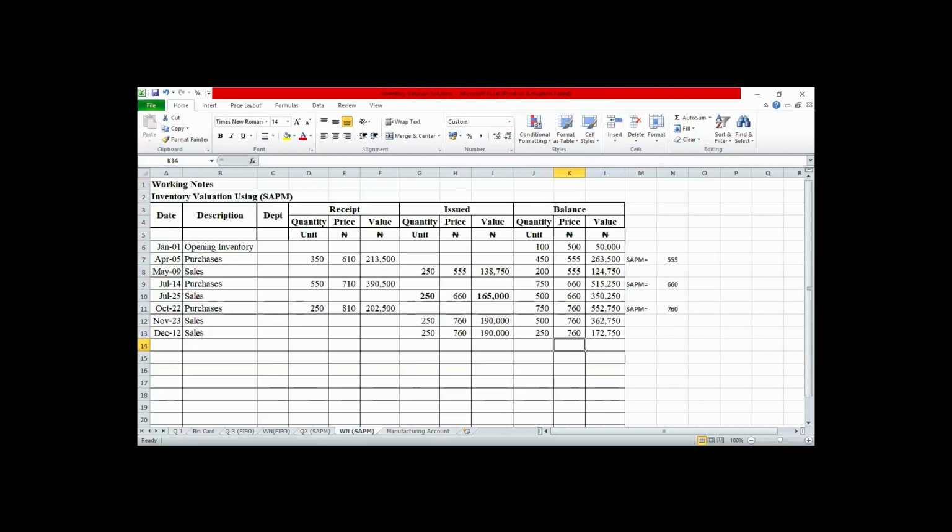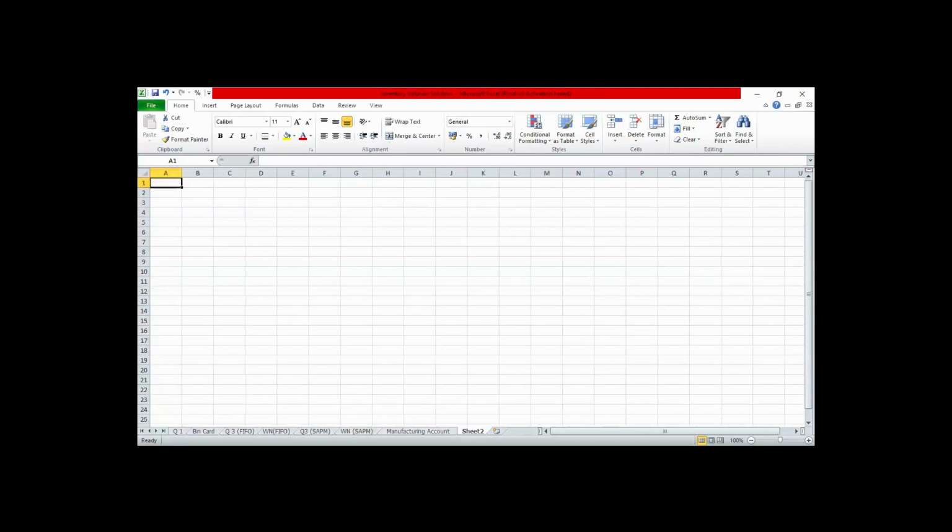Now, from here, we can do the third method, which is what? The third method is what? Weighted average. Weighted average method. This is for question 3 again. Another method. Weighted average method. Working note for weighted average.